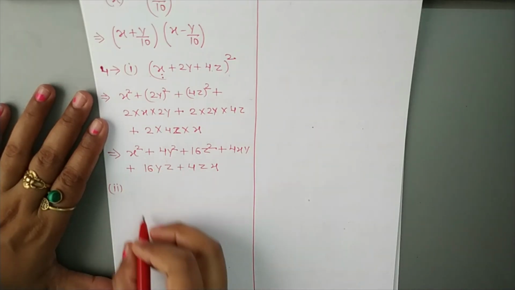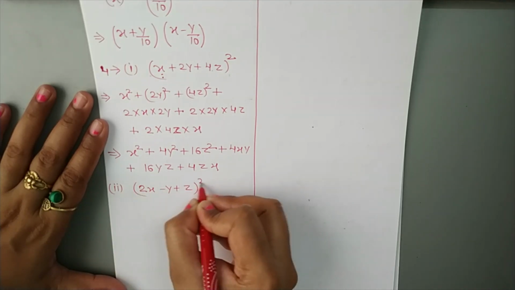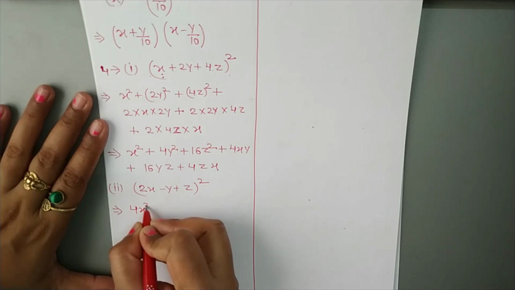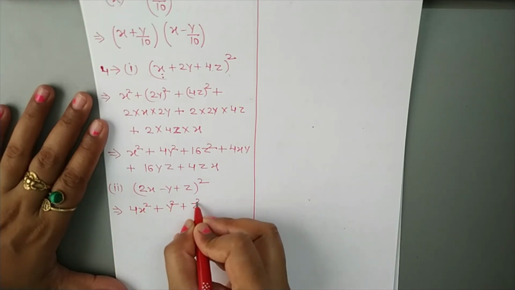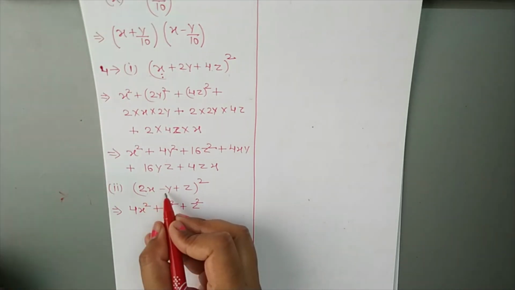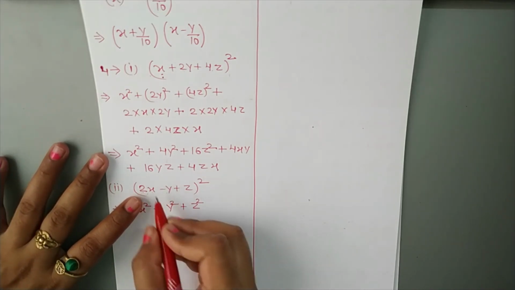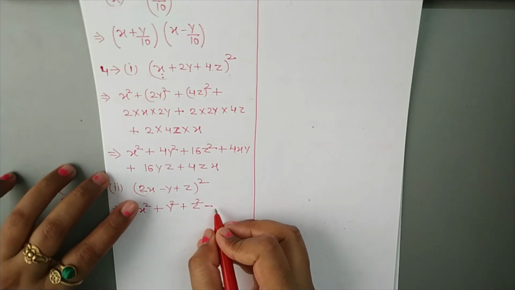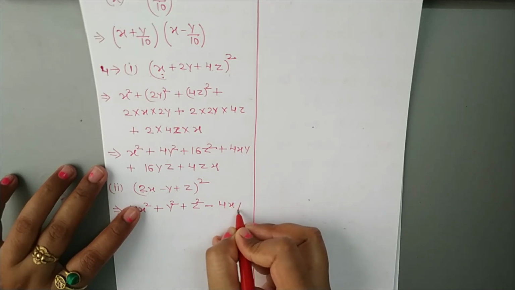Okay, the second part is (2x minus y plus z) whole square. So a square, that is 4x square, b square, this will be y square, plus z square. Then 2 into a into b, so 2 2s are 4xy with minus sign, so minus 4xy.